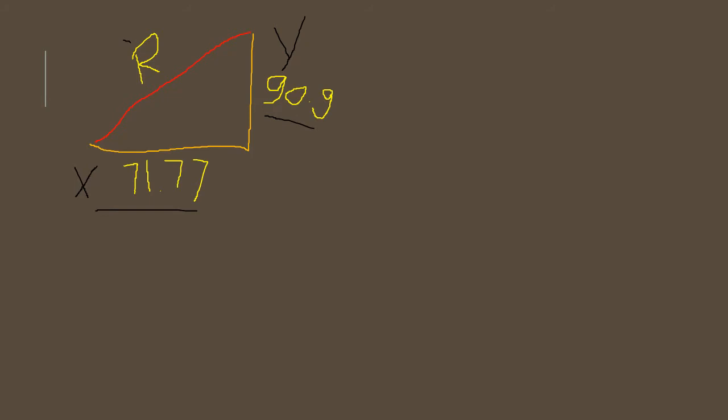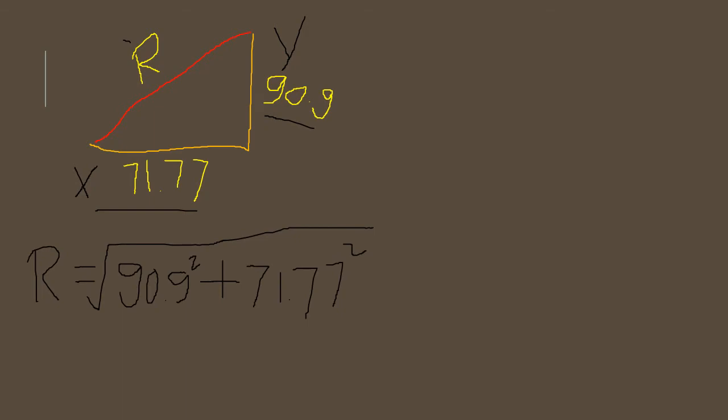So ang gagamitin natin formula ay yung r is equals to square root of a squared plus b squared. So r is equal to square root of the y component, which is 90.9 squared plus x component 71.77 squared. So r is equal to 115.82.